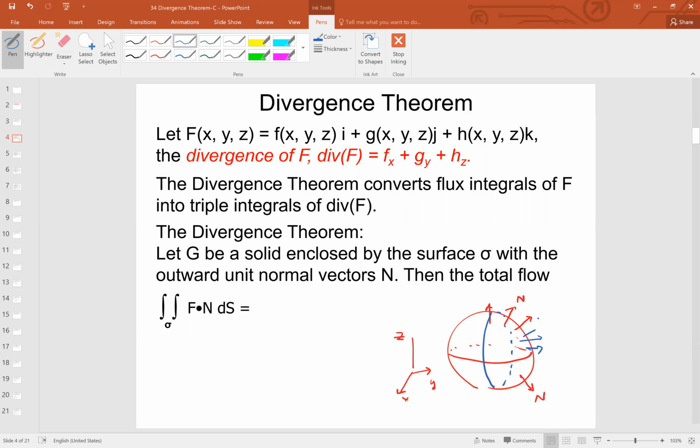And, okay, we want to compute the flow. So we have a flow F in a different direction at each point. This is capital F, and we want to calculate the total amount of flow across the surface.